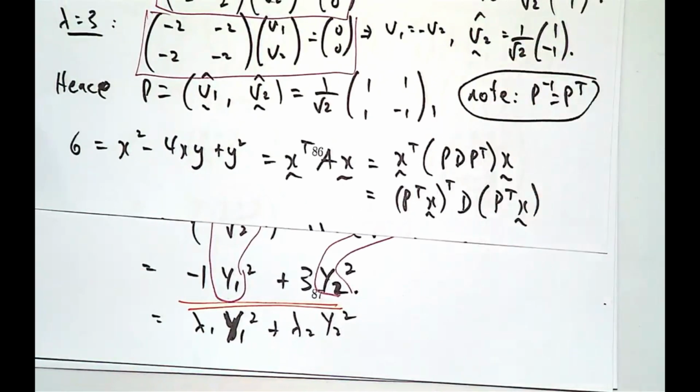Yeah. So what could that be? What kind of graphs could this bottom line be in the y1, y2 plane? Well, if lambda 1 and lambda 2 are positive, what's it going to be? An ellipse, right? Yeah, assuming you've got a positive thing on the other side of the equation. And if one of them's negative, it's going to be a hyperbola.